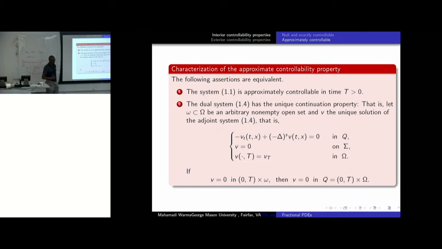That is the unique continuation property. If you have a solution of your backward system, and it's 0 on the small cylinder, then it must be 0 on the big cylinder. That is equivalent to approximate controllability.